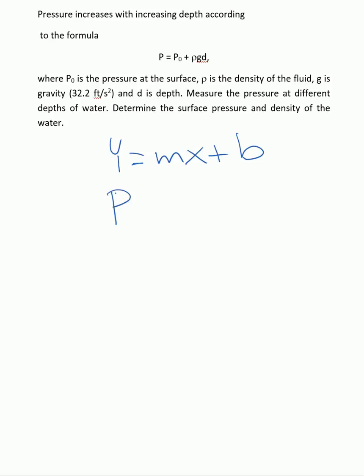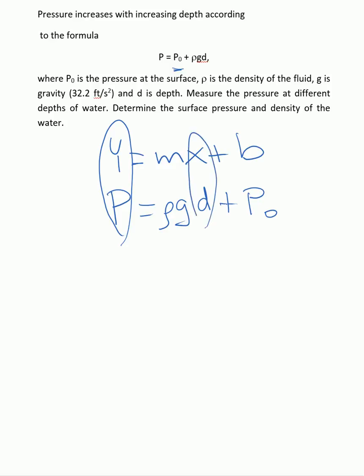P, now P naught's a constant, so I'll put it over on this side, equals rho g d plus P naught. It should be clear, since pressure varies, we will plot that on the y-axis. The depth varies, we'll plot that on the x-axis.